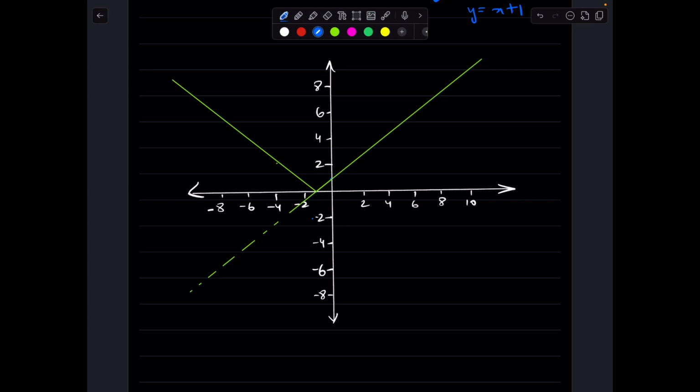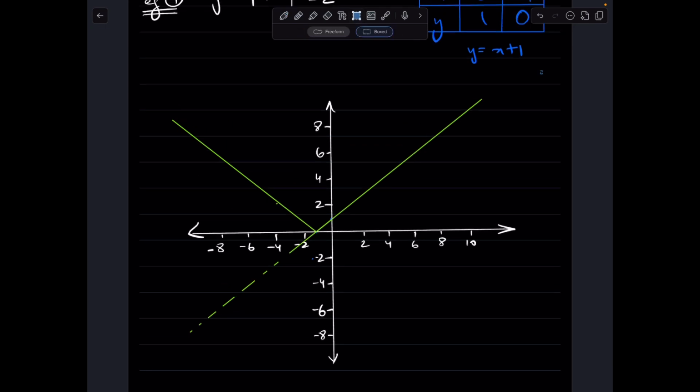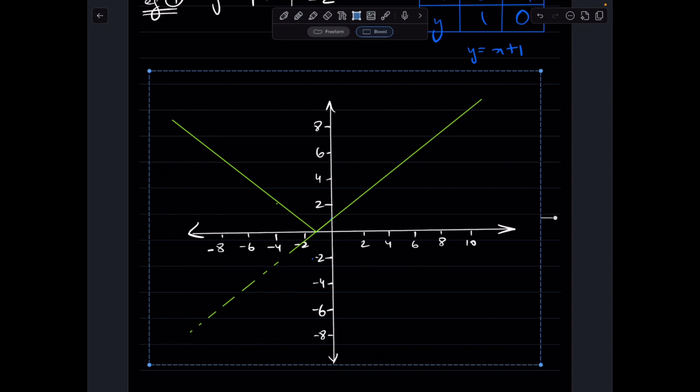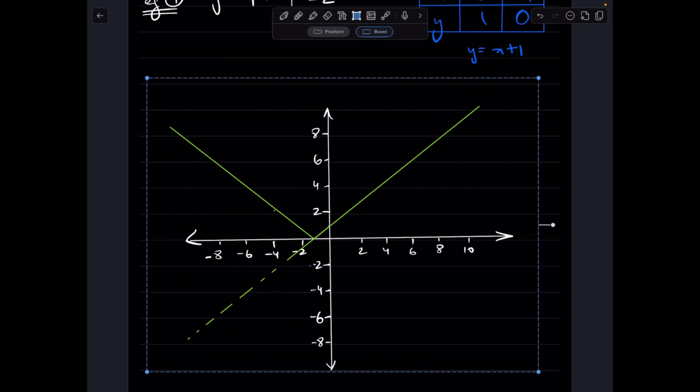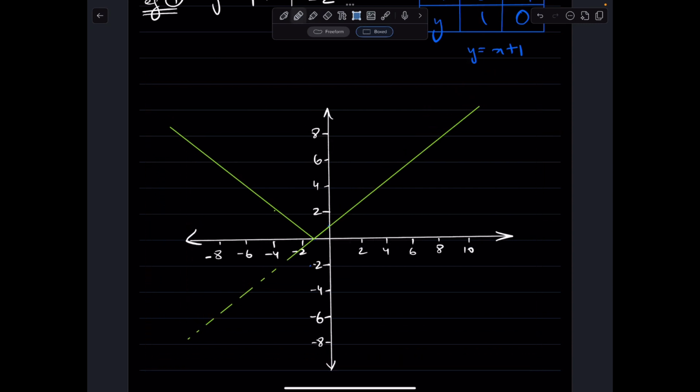Wait a second. On my ease, I'll shift this graph downward. So shift this graph vertically downwards, and we have something like this. This and this.